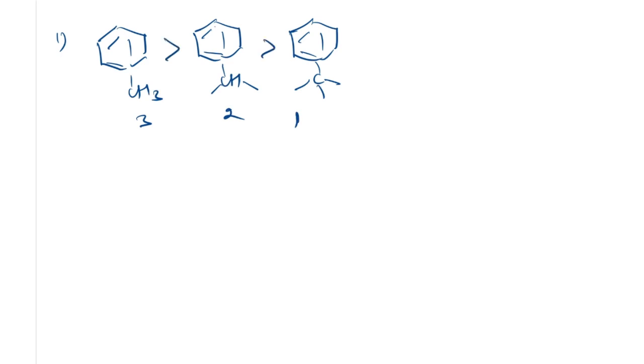If we talk about electron density in the phenyl ring, benzene ring or phi is known as the phenyl ring. So here we have 3 alpha H which are donating more electron to the ring. Here we have 2 alpha H and here we have 1 alpha H.